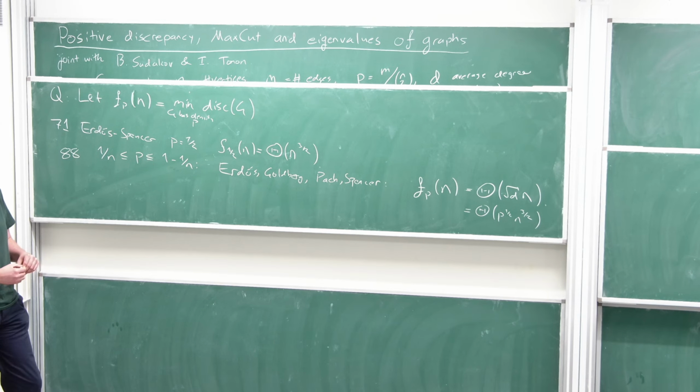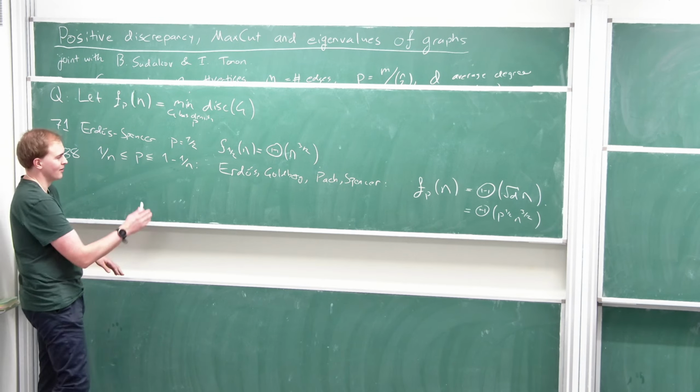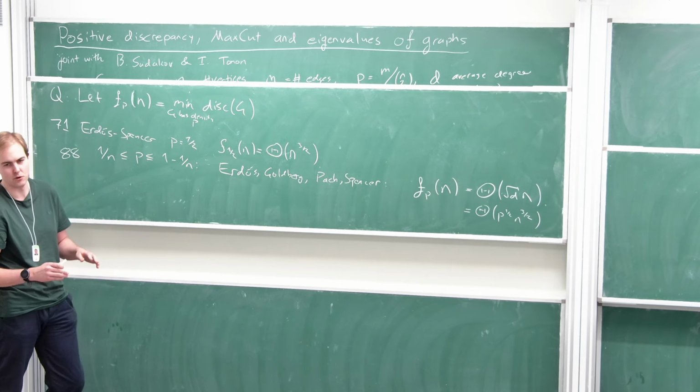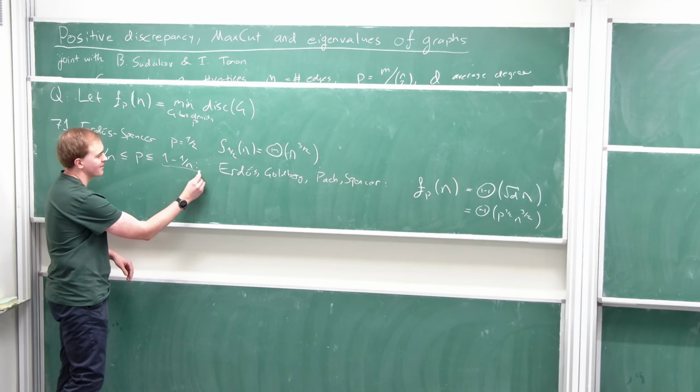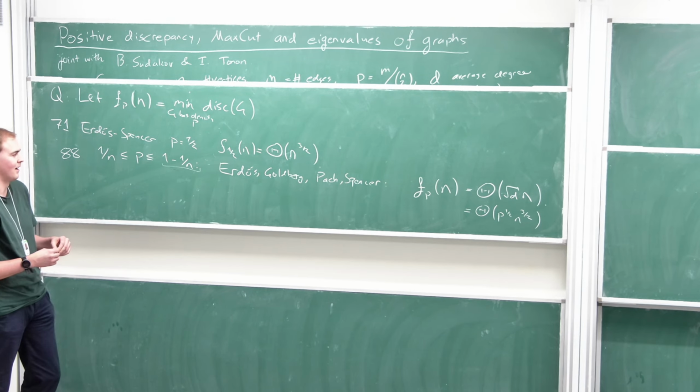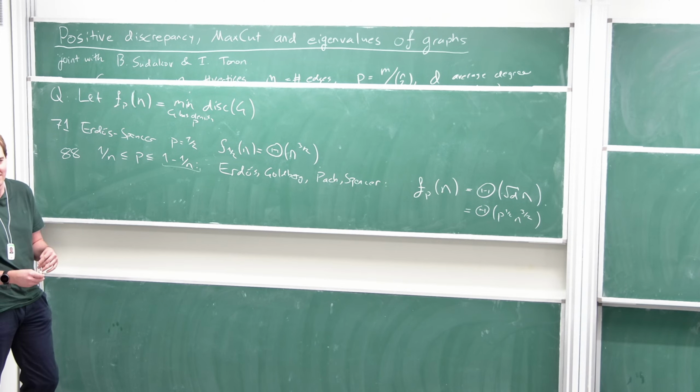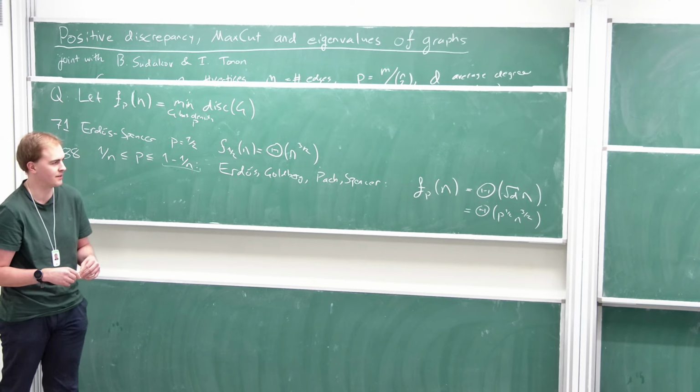Also, one trivial observation is that a graph and its complement have the same discrepancy. So we can assume that the density is always at most half, to avoid this perhaps a bit more unnatural regime where p is 1 minus a little bit, rather than p being really tiny, which is, at least for me, easier to visualize.